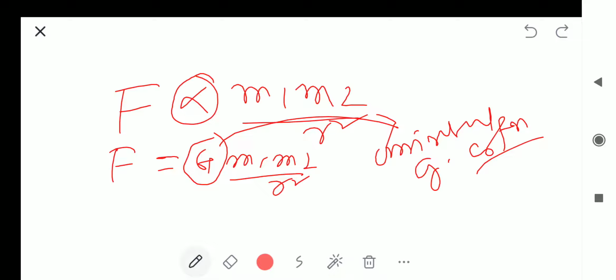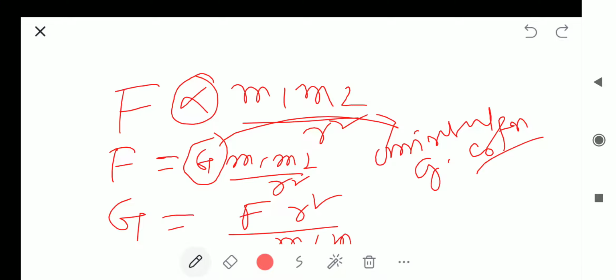It does not depend on the place or any planet. It is constant. What is the unit of G? We can write G equals F into r square by m1 m2.